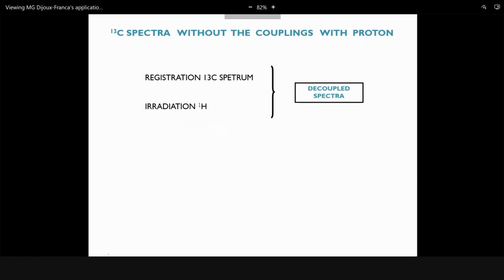That means that when we register the spectrum, we suppress the coupling with the proton, doing what we call an irradiation at the resonance frequency of the proton, and then we suppress the influence of the proton on the carbon-13. Then we suppress the coupling, and we have only singlets for all the carbons. From a multiplet, we'll have only a singlet.